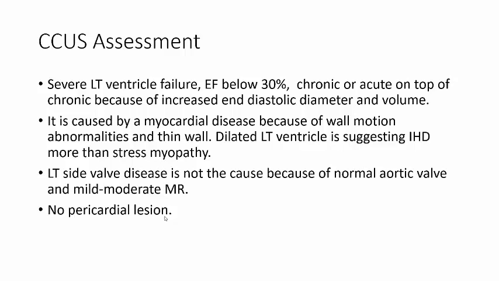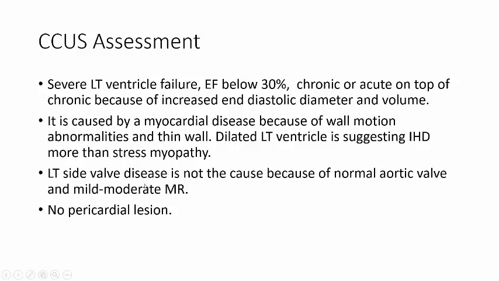So, the advanced critical care ultrasound assessment: severe left ventricular failure, ejection fraction below 30, probably chronic or acute on top of chronic because of increase in diastolic diameter and volume. It's mainly caused by myocardial disease because of wall motion abnormality, thin wall, dilated left ventricle, suggesting ischemic heart disease more than stress myopathy. Because stress myopathy is an acute process, you will not expect this much dilatation of end-diastolic diameter, which in our patient is 6.7.